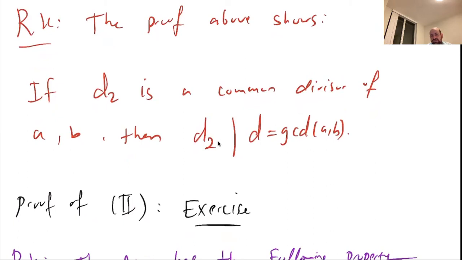Of course, it's not obvious why D2 must divide D. Well, it's obvious that D is bigger than D2, but why can we say D2 is a factor of D? A part of the proof showed this property. One way to remember is that D is the greatest common divisor, so it must be bigger than D2, and that's why we say D2 is a factor of it.